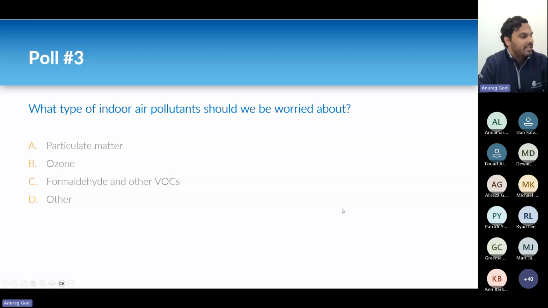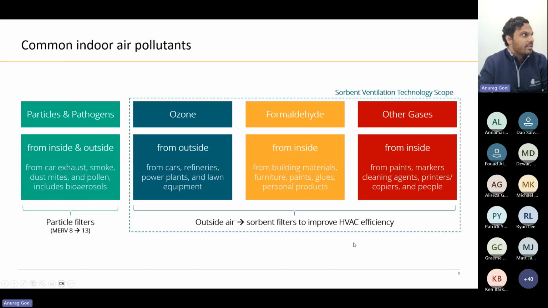And digging a little bit deeper, what type of indoor air pollutant should we be worried about? You got a few options here, and the correct answer is all of them. So in a typical commercial building space, like the office building you may be sitting in this morning, we have a heterogeneous mixture of different types of contaminants.